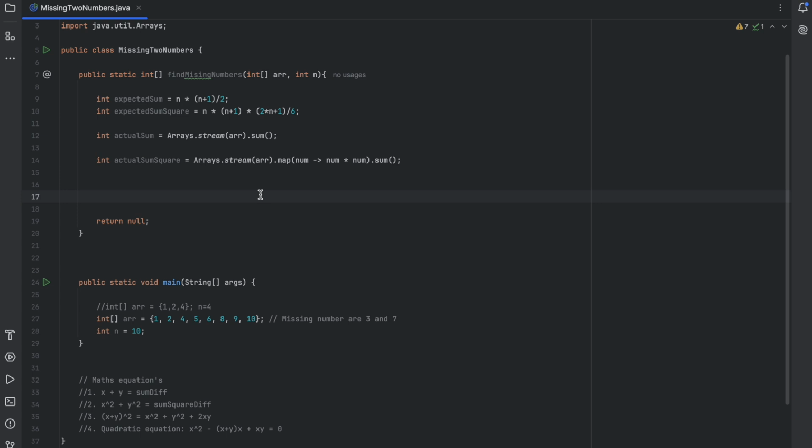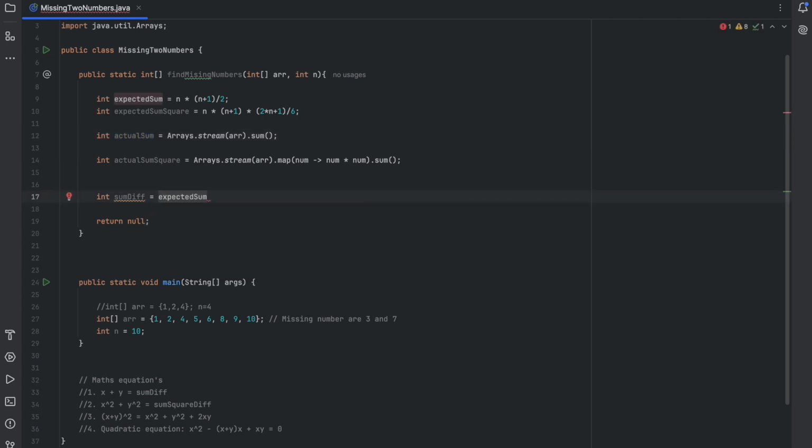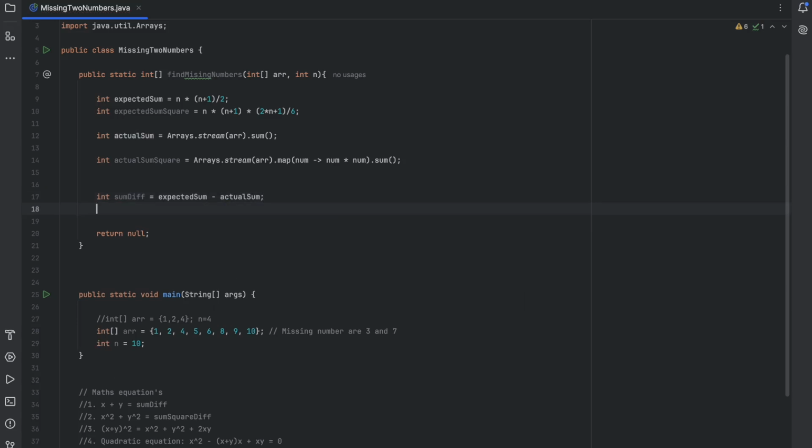So now we will calculate the sum difference first: expected sum minus actual sum. So we need to subtract the expected sum minus the actual sum.